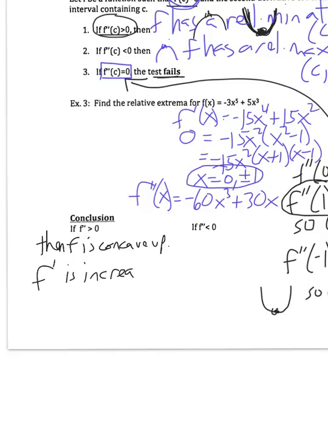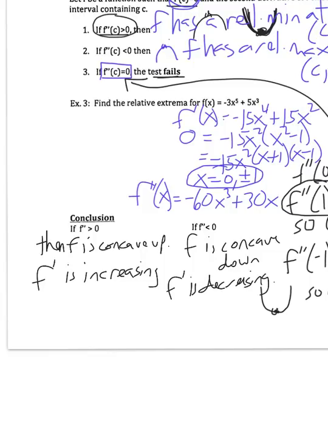That means the slopes are getting bigger, like I showed you at the very beginning of the lesson. And if f double prime is less than 0, f is concave down. And that also means that f prime is decreasing. So the slopes are getting smaller.